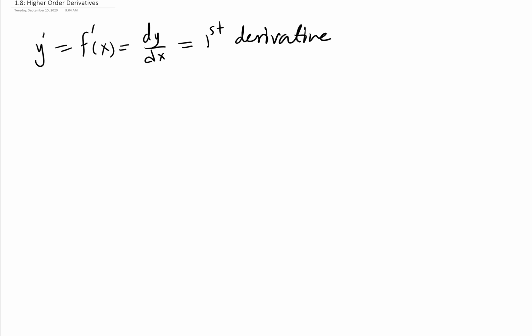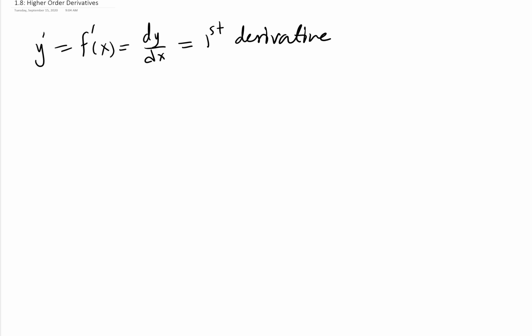Section 1.8, higher order derivatives. We recall that when we have a function y, the derivative is written y prime, or some people write it as f prime, or another way to write it, dy dx. That's called the first derivative.